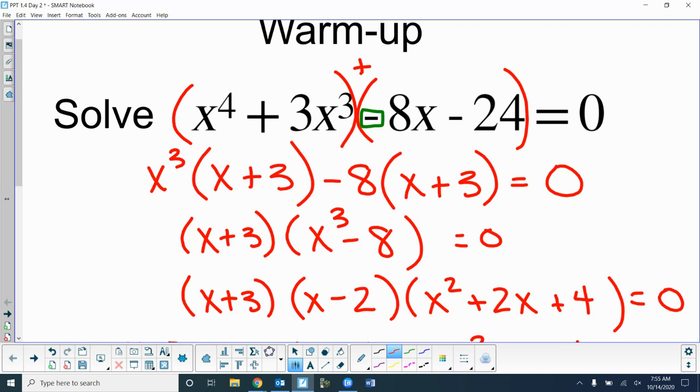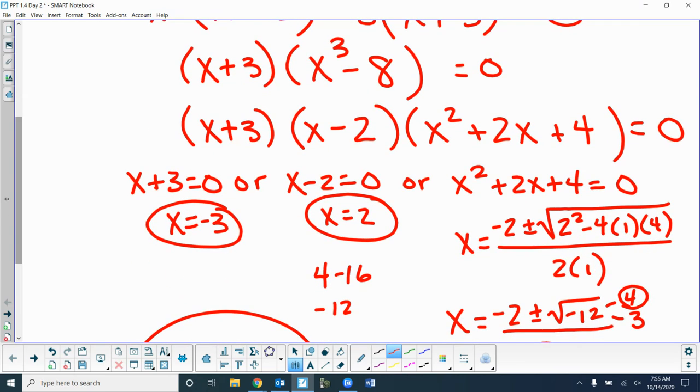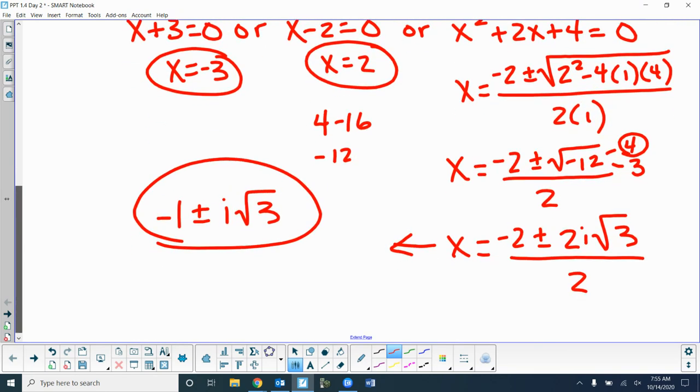If the degree is 4, that first term, its exponent tells you how many answers there should be when you solve it. Okay? So we had 2 real answers, -3 and +2, and then 2 non-real answers, for a total of 4. Okay?